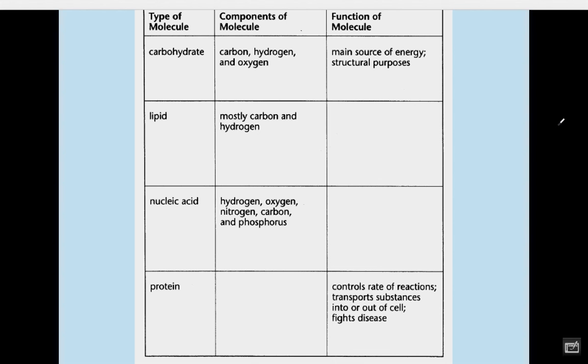Lipid, mostly carbon and hydrogen. We know there's a little bit of oxygen there. And so in terms of its possible function, we know that this is the cell membrane structure.